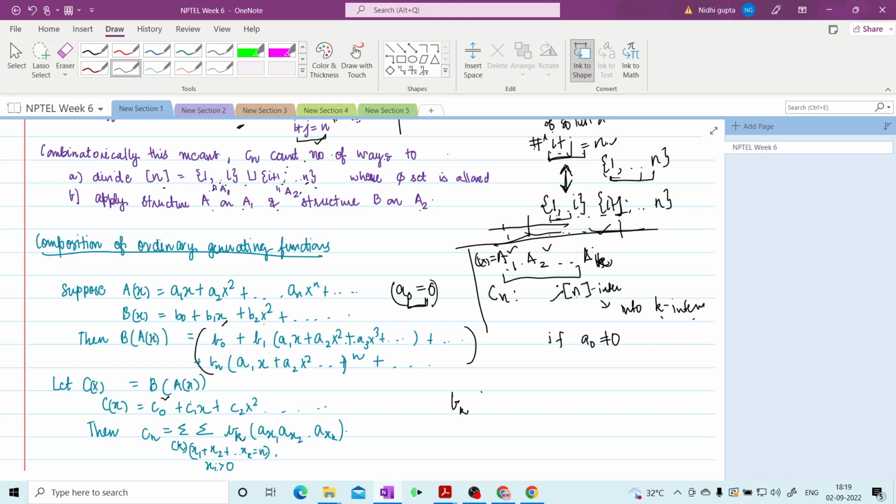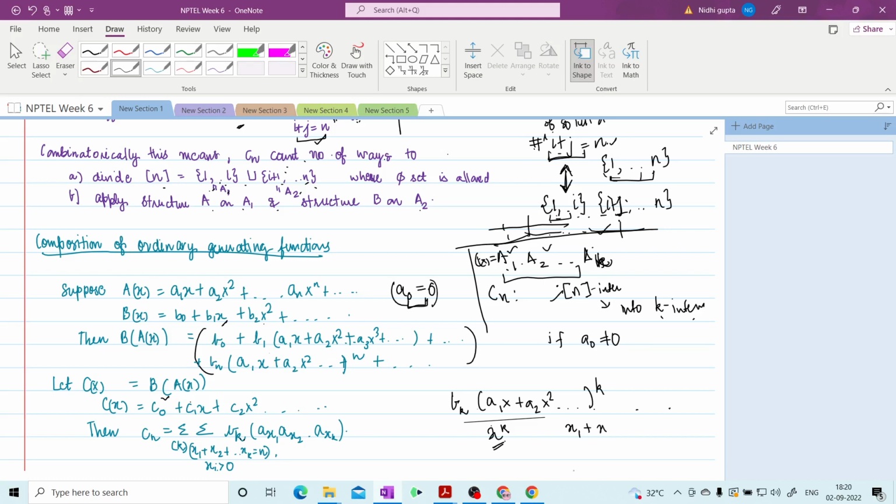The other term appearing is a1 x plus a2 x squared and so on, raised to the power k. Now we want to see in this term what the coefficient of x^n is. We are multiplying this power series k many times. So what will be the coefficient of x^n? It will be basically the coefficient of x^n.